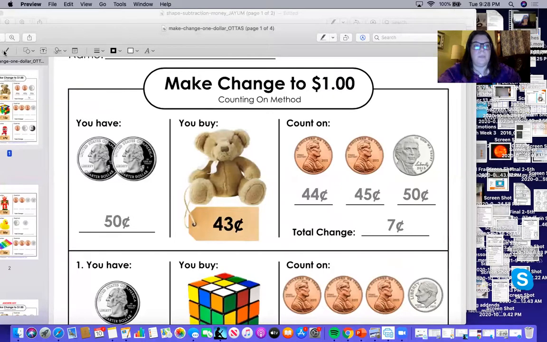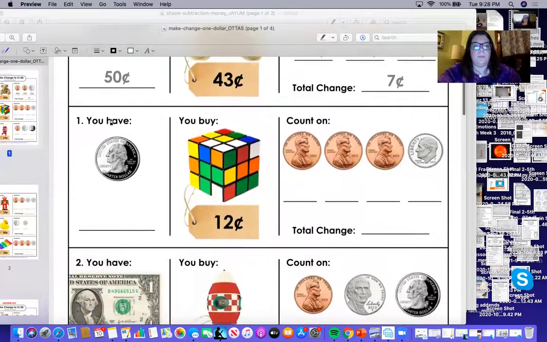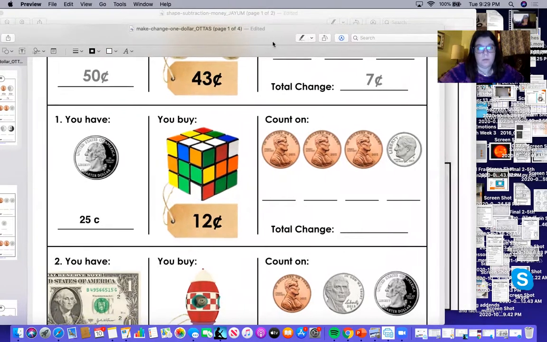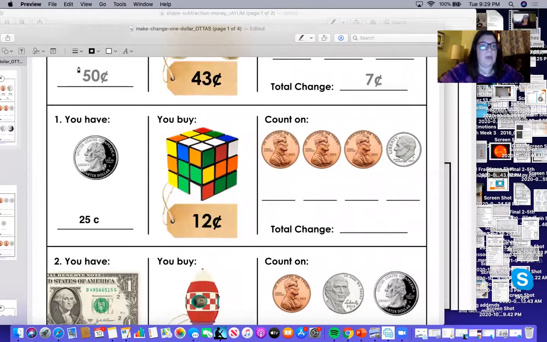Okay, so let's give this a whirl. It says you have a quarter, which we know is 25 cents. I'm just going to put a C. We buy a Rubik's Cube for 12 cents. Again, not in this world. And we can count on. So we're taking that 12 and counting up to get to 25.